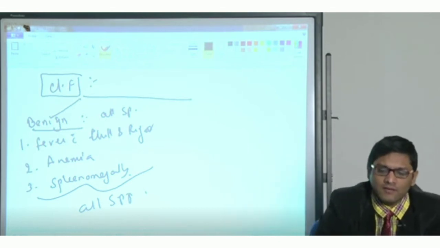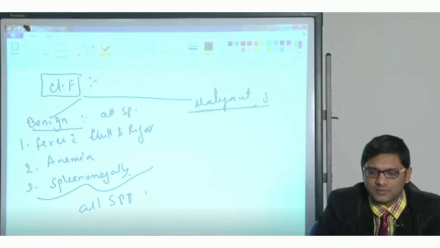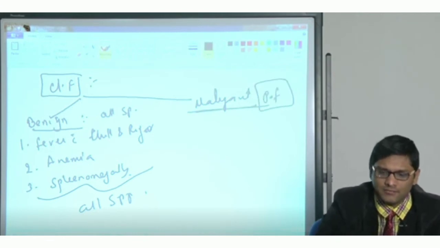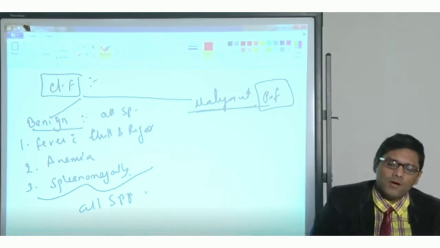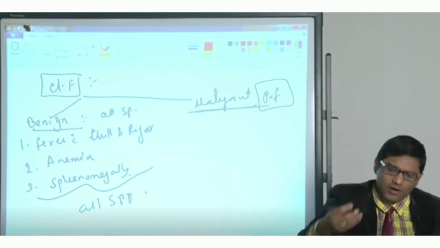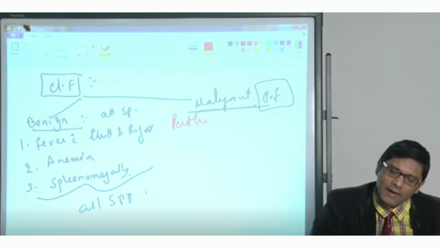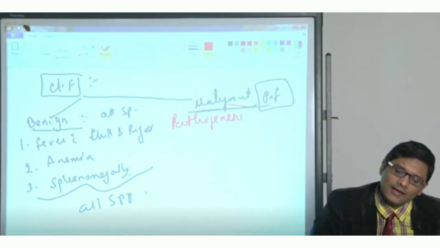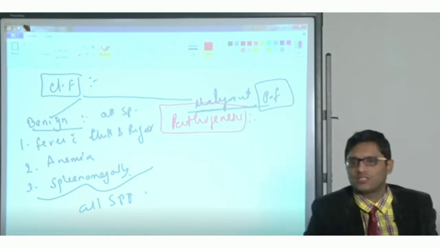There is another form called malignant malaria, which is seen only in falciparum. I will tell you the pathogenesis first. Why is malignant malaria seen only in falciparum and not in other species?